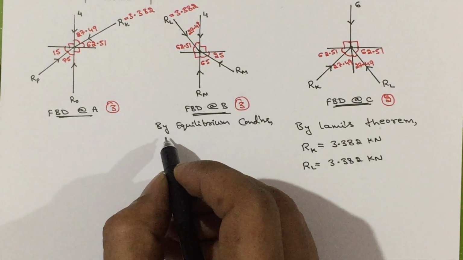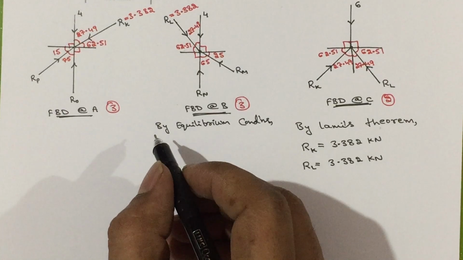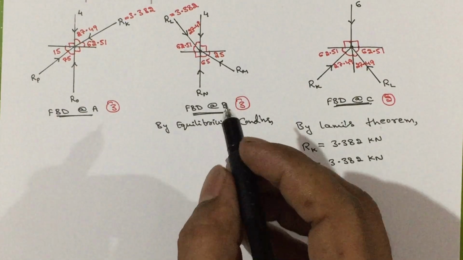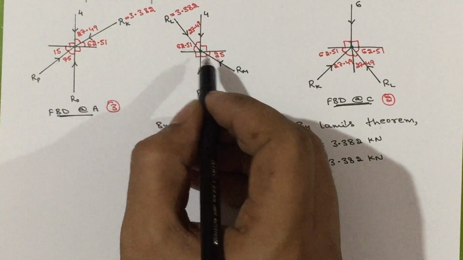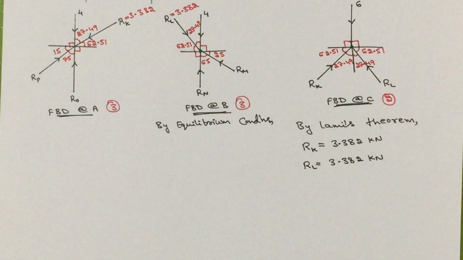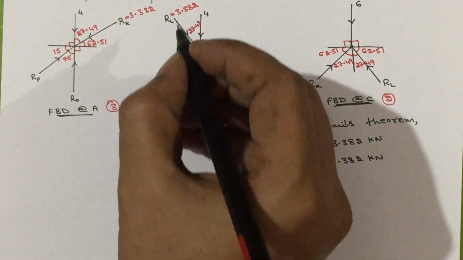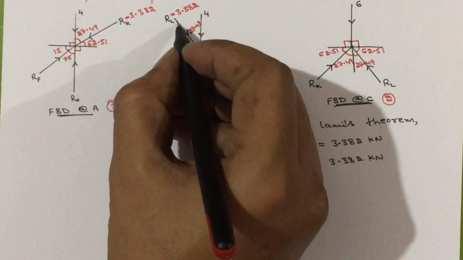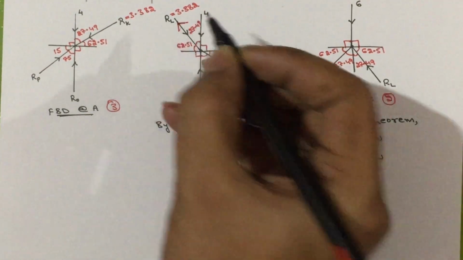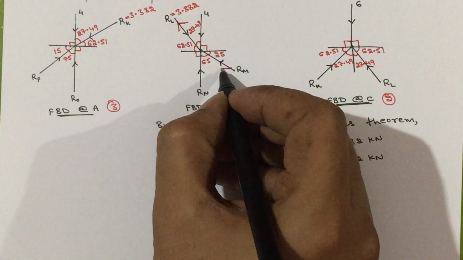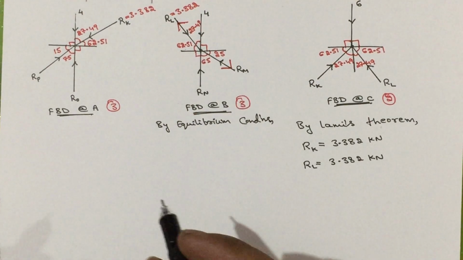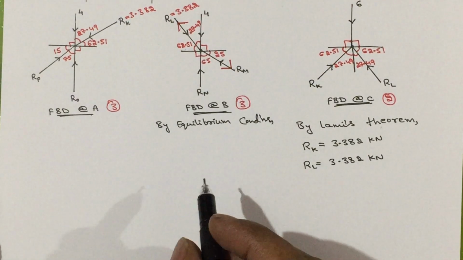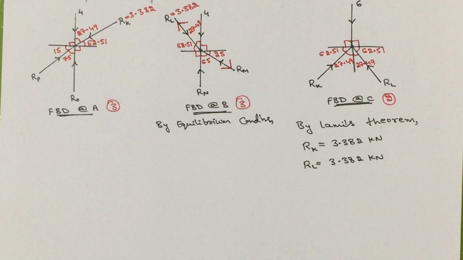that is sigma Fx equal to 0 and sigma Fy equal to 0. First, calculate the horizontal angle for the inclined forces. It is already calculated. Then go for splitting up the inclined forces, that is, behind the arrow draw a nearby horizontal line, nearby vertical line. Once you have done that, calculate sigma Fx equal to 0 and sigma Fy equal to 0.